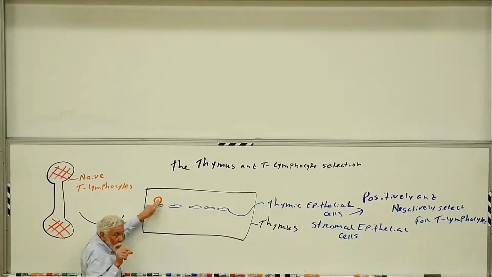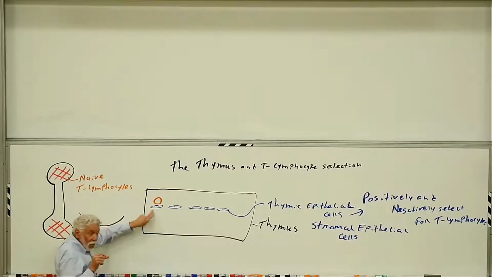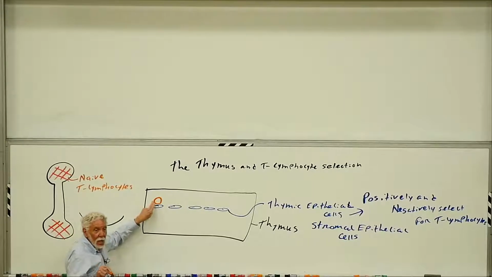Can you recognize proteins expressed on other cells? And if this cell says, no, I'm not very good at that, I'm not very good at recognizing proteins expressed in other cells, then this epithelial cell says, T cell, you're useless, go die. And it turns on a series of genes because it withholds growth factors. This epithelial cell withholds growth factors, and this cell will undergo its apoptotic machinery, and it will just quietly die.